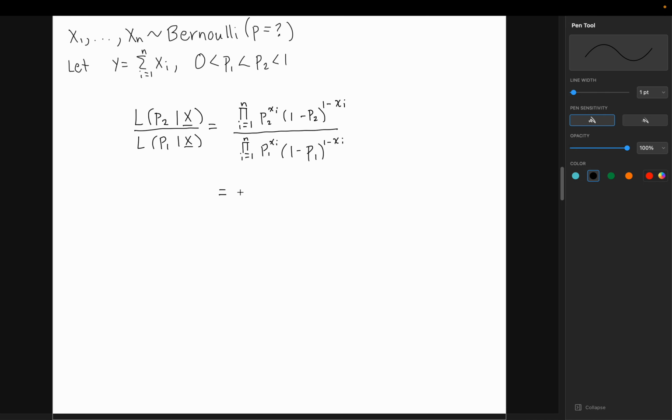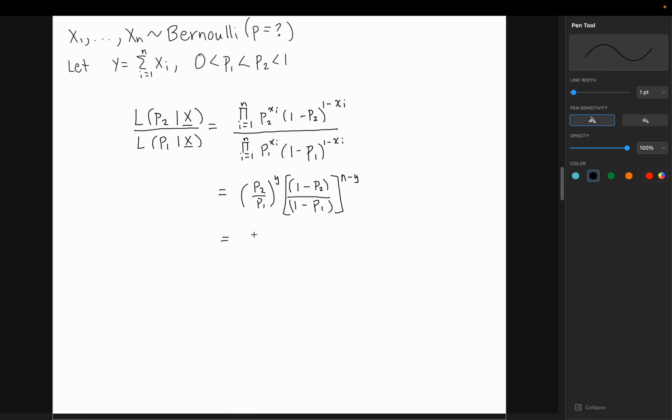Then we can do some simplifying steps, just using some rules for exponents. And using my definition of y, I have 1 minus p2 over 1 minus p1, all of that to the power of n minus y.